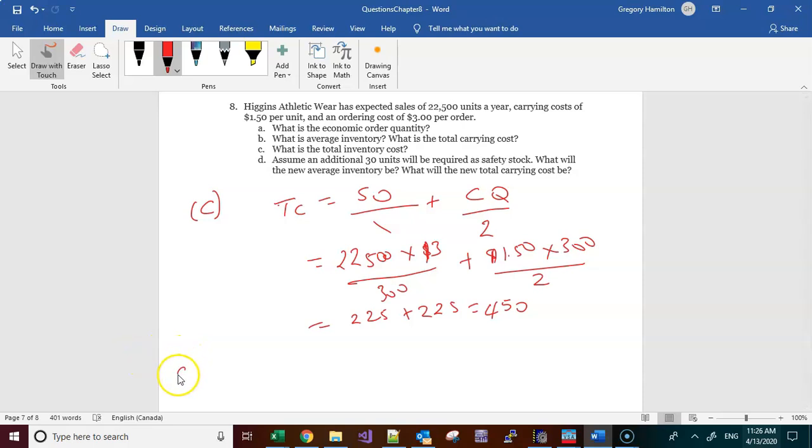So how about D? So for D, it says assume an additional 30 units will be required as safety. What will the new inventory be, and what will the new total carrying cost be? So the first thing we're finding is the new inventory.